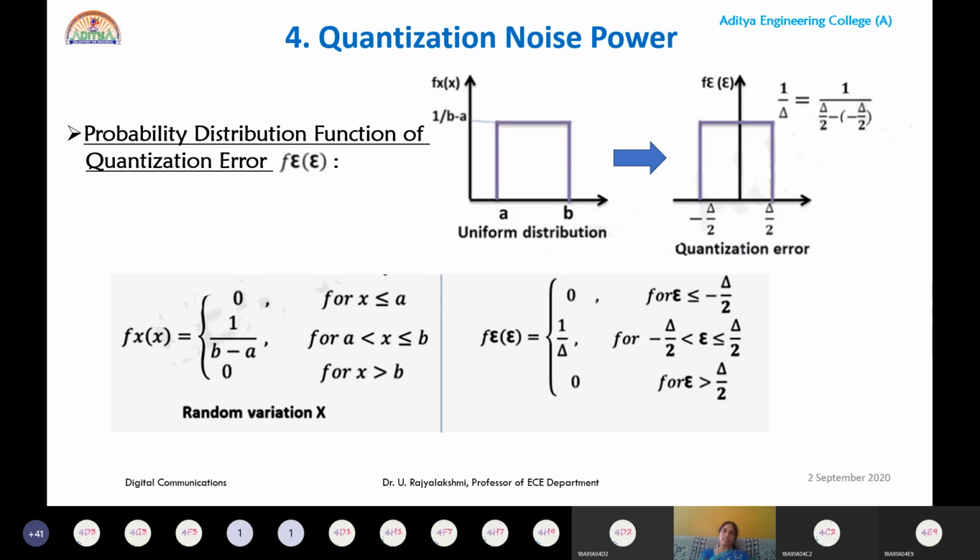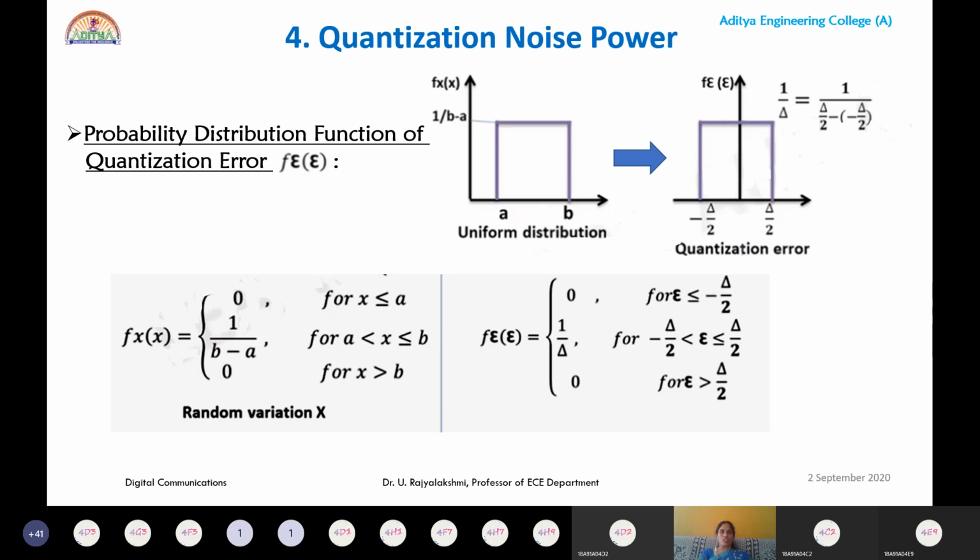So what can be the magnitude of the probability distribution function of quantization error? It is 1 by b minus a, where b is delta by 2 and a is minus delta by 2. So it is 1 by delta by 2 minus of minus delta by 2, which is 1 by 2 delta by 2, so it will be 1 by delta.